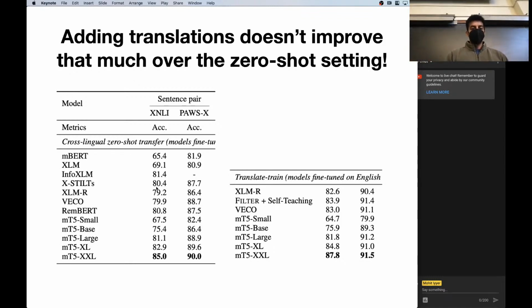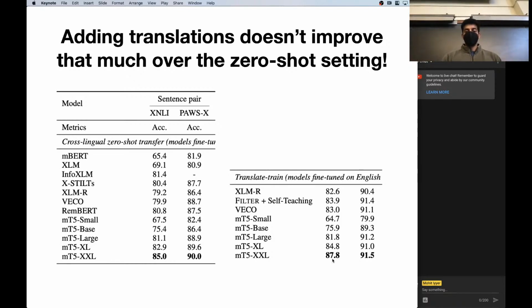So here is the same table from before, where you just have the English data. This is over to the left. And then on the right, you have these models that have been fine-tuned on the combination of English text as well as the translated text in whatever language you're looking at.